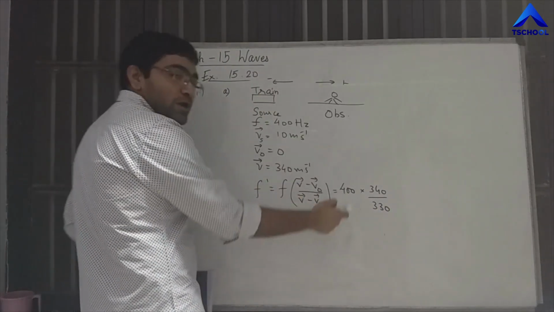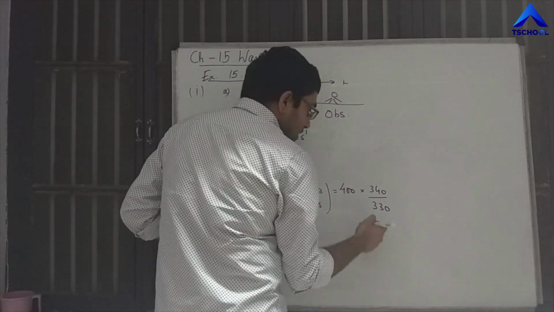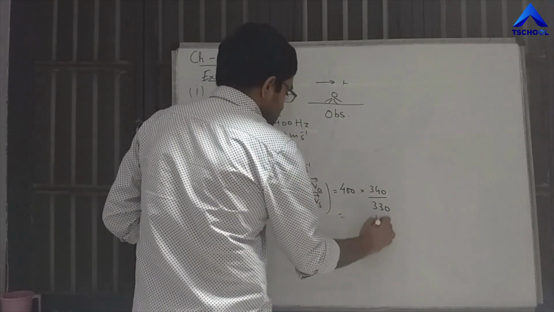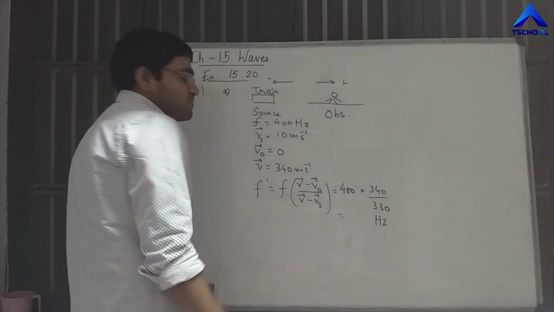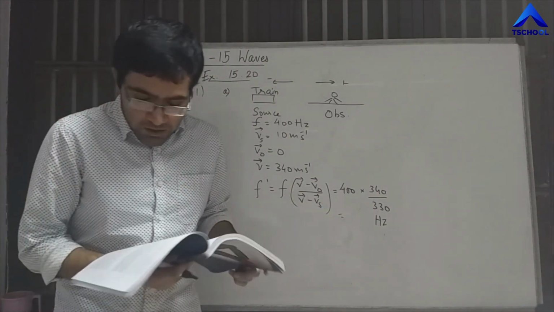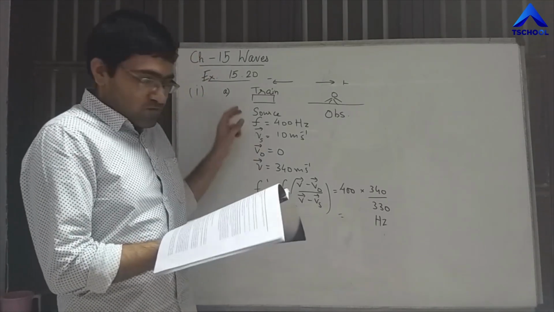I've just put all the values. Okay, so yeah, I'm sure you can do the rest on your own. So the final answer is going to be some hertz. Alright, don't forget the unit, you must write the units please. Okay, so that's the first part, 1A.